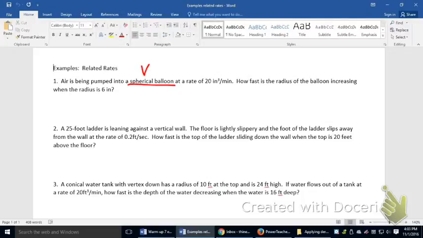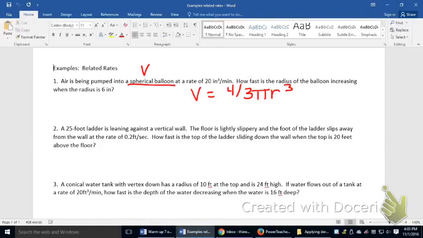I will tell you, you don't have to memorize that formula. In a problem like that, they would give you the formula for the volume of a sphere. You do need to know things like area of a rectangle, volume of a cube, Pythagorean theorem, those kinds of things. But they would give you the volume of a sphere. So I'm going to go ahead and tell you that the volume of a sphere is 4/3 pi r cubed.